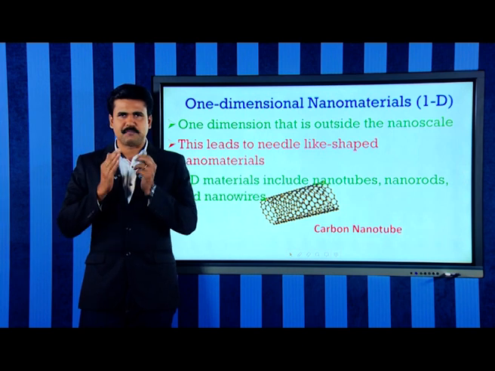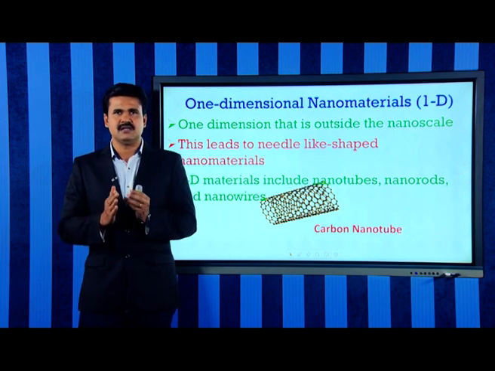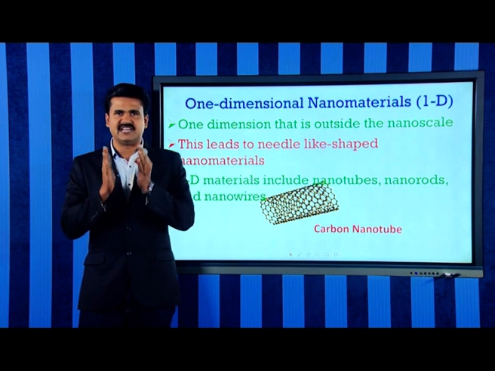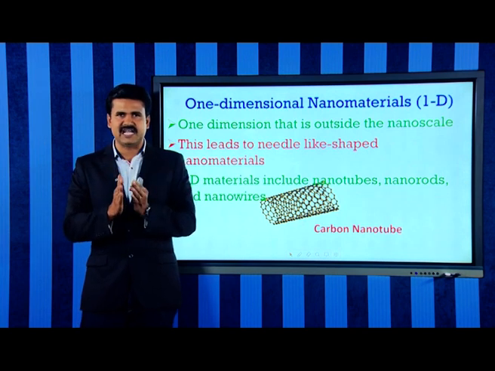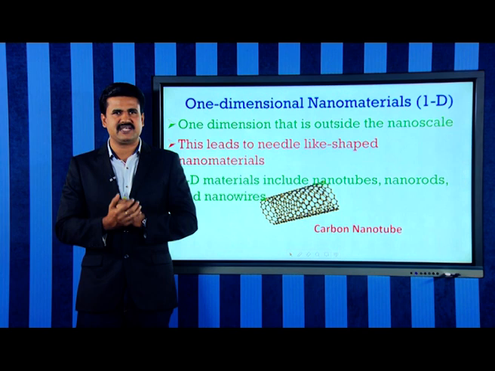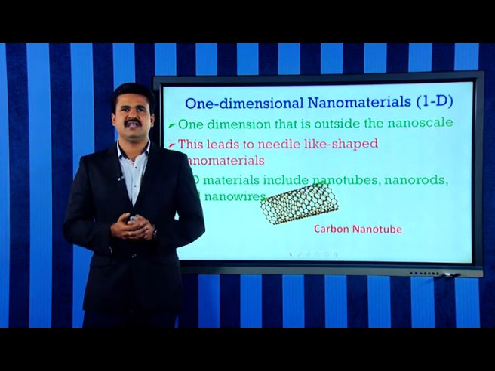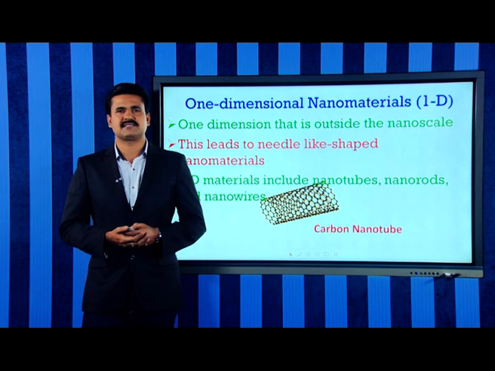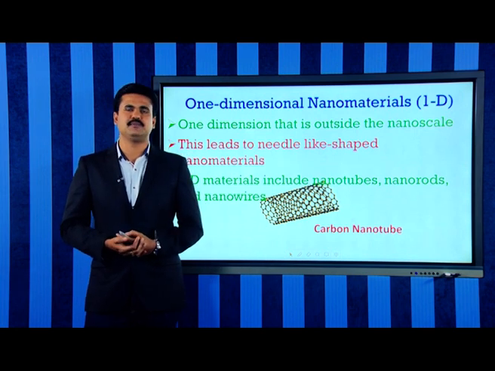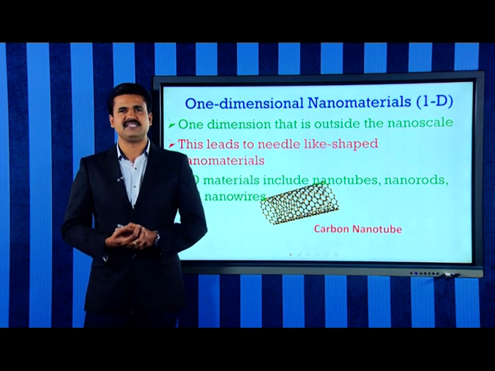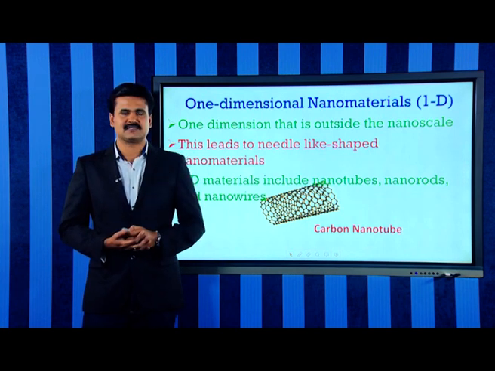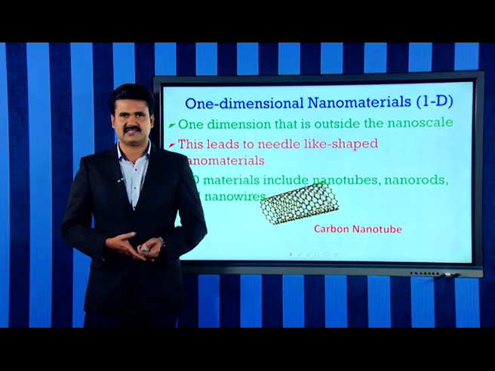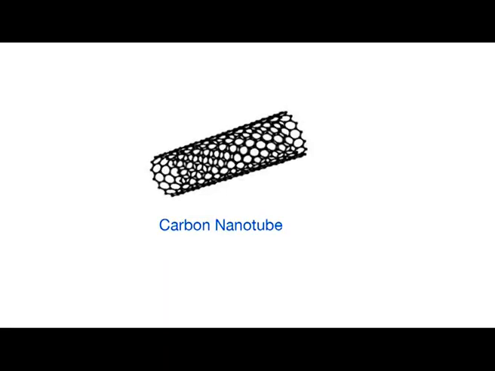That is, the particle is having two dimensions in the nano range and one dimension outside the nano range. Such nanomaterials include nanotubes, simply the carbon nanotube. One-dimensional nanomaterial may be nanorods or nanowires. The picture simply represents a carbon nanotube that we will discuss later in further detail.